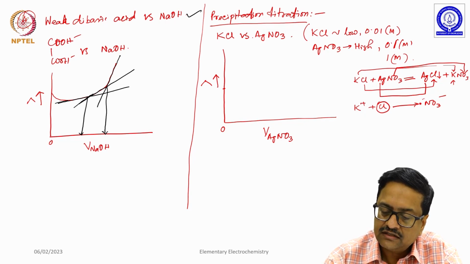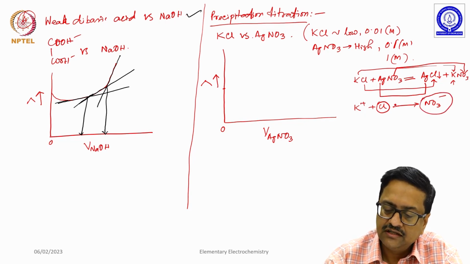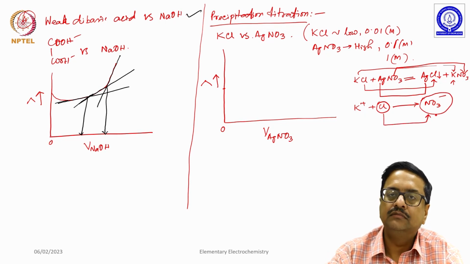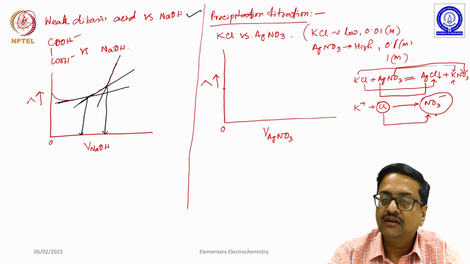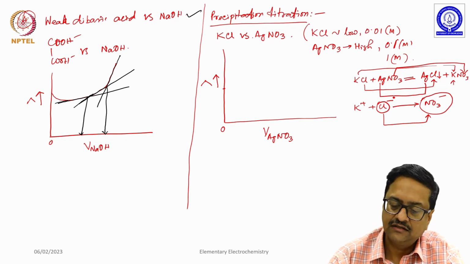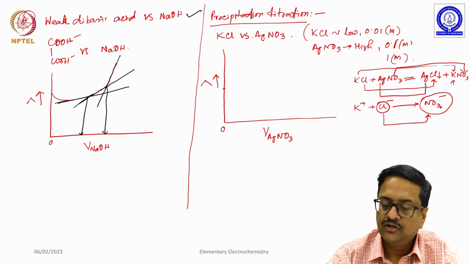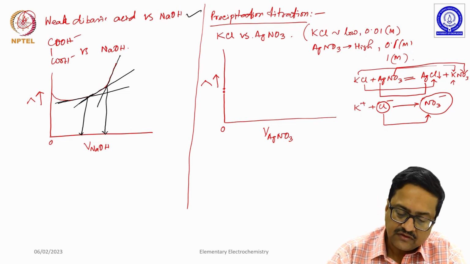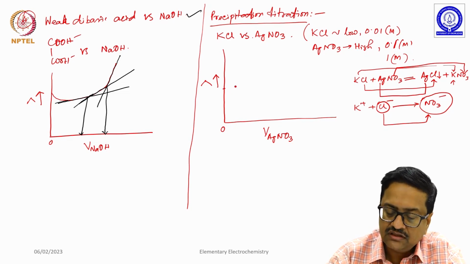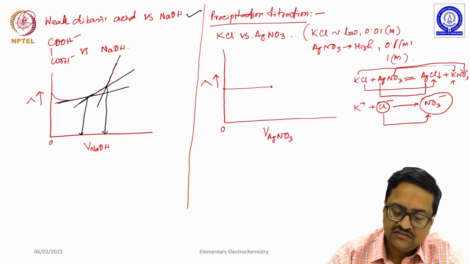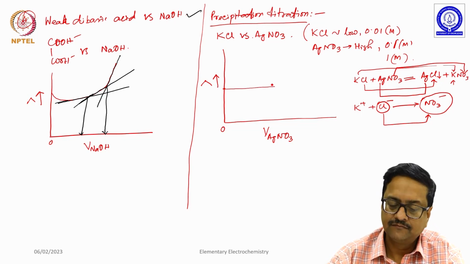Now, if you look at the table for the transport numbers or the ionic conductivity of these two ions, chloride and nitrate, you will see that the ionic conductance of chloride and nitrate are about the same. So while adding the silver nitrate dropwise, there won't be much change in the conductance.